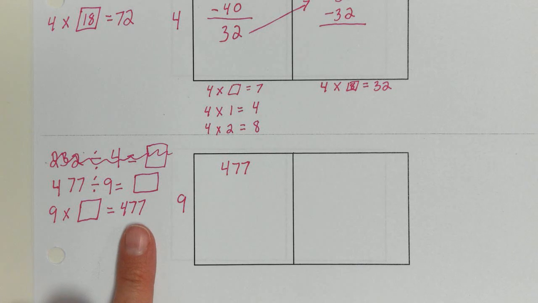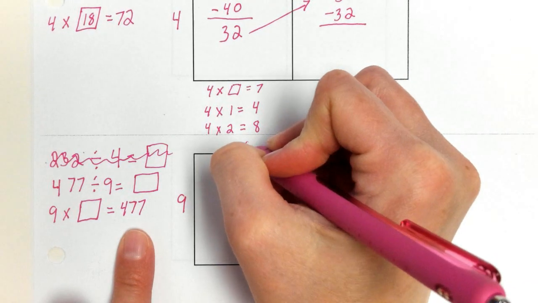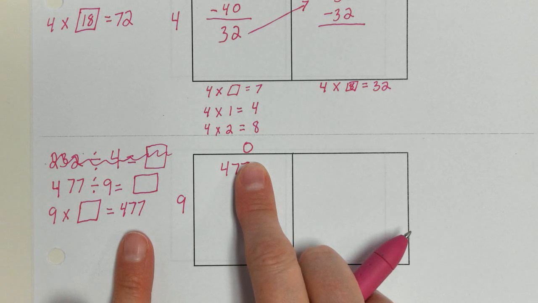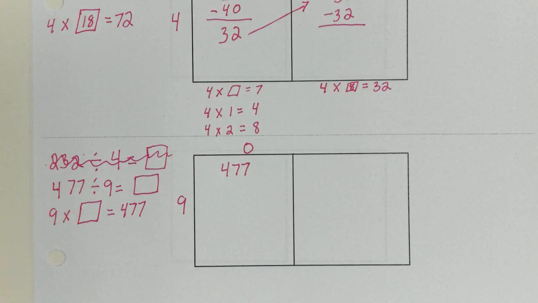The 0 on top of the first box. Why is this 0 there? Why is the 0 there? Because it's the 10 spot, and I want to make sure that that number is a 10s digit.